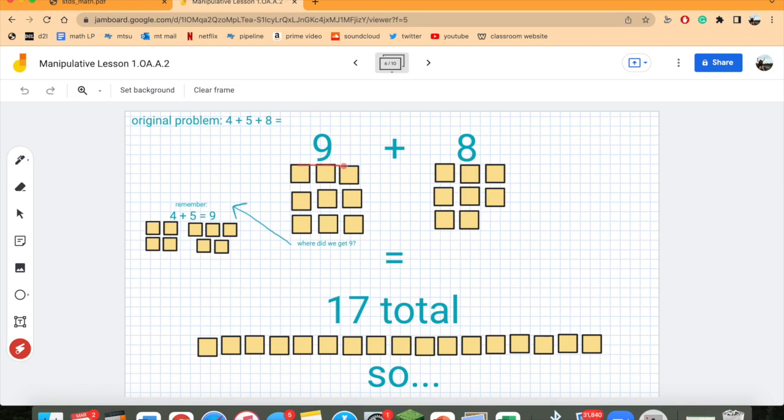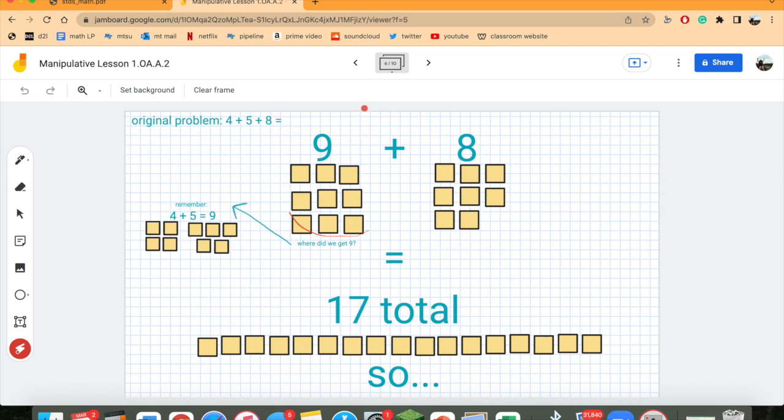So 9 plus 8 equals 1, 2, 3, 4, 5, 6, 7, 8, 9, 10, 11, 12, 13, 14, 15, 16, and 17 total.